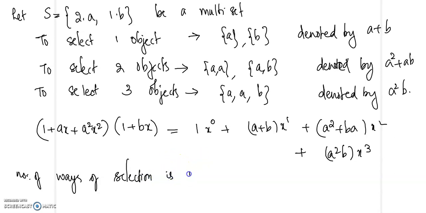is obtained by putting a equal to b equal to 1.